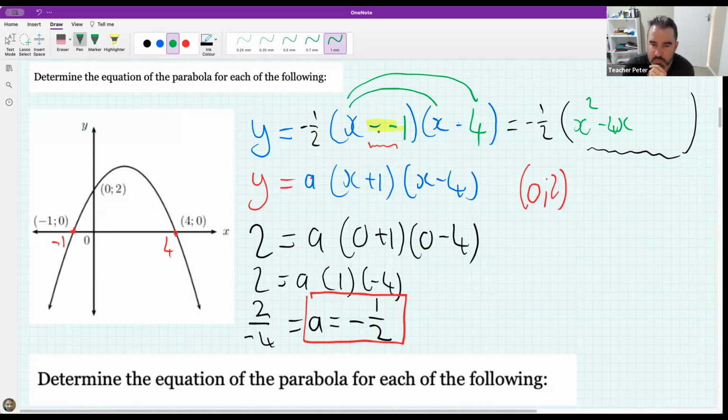So this actually, minus minus becomes a plus. So this becomes a plus 1.